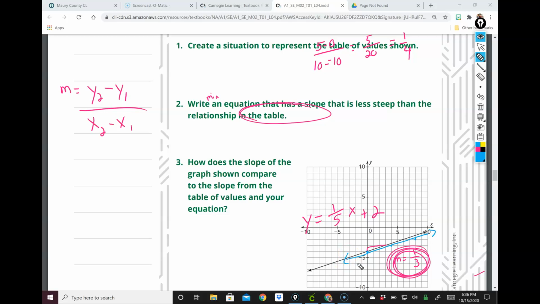And you compare the blue line to the black line. The black line is more steep, so it's steeper than 1/4.